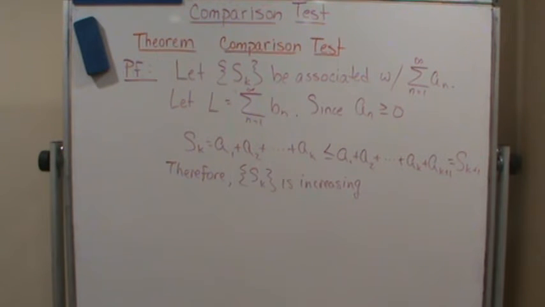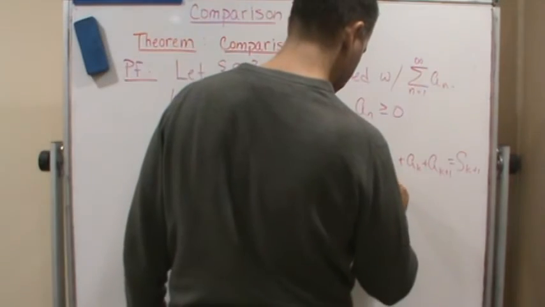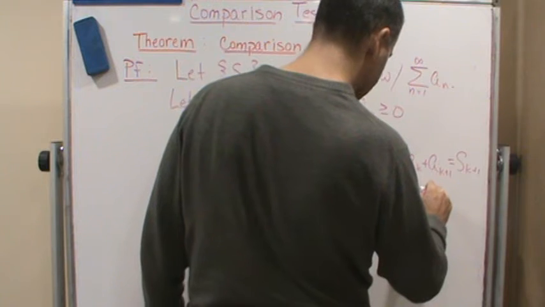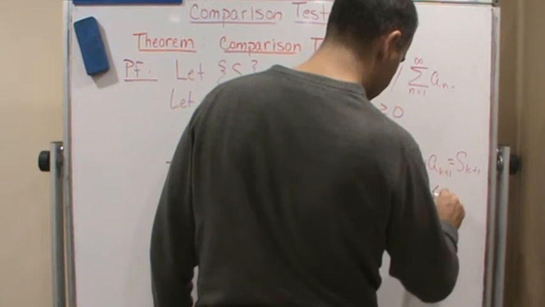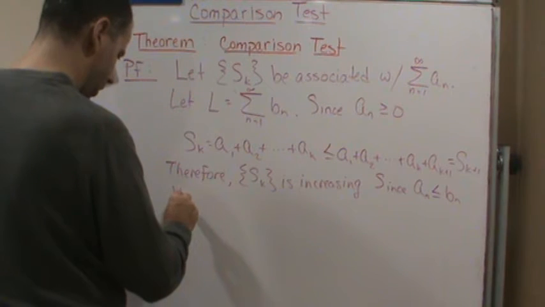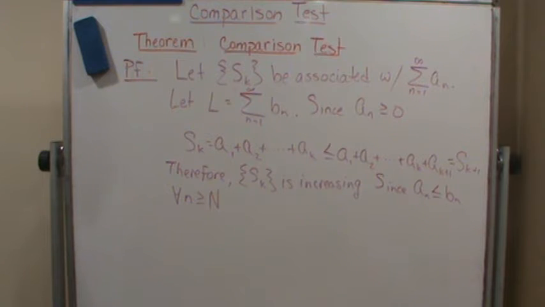Okay. Now, what can we say now? Well, let's take the other part. We know that a sub n is less than or equal to b sub n for all n greater than or equal to some positive integer, capital N. That's the assumption.